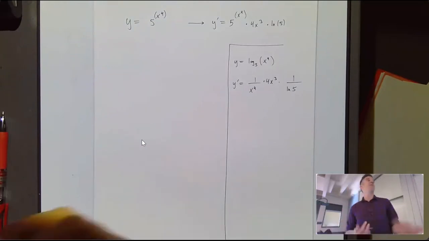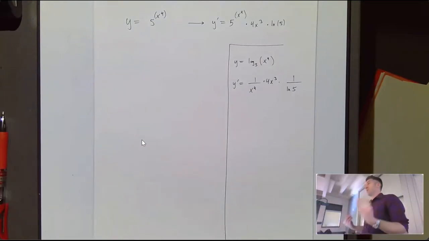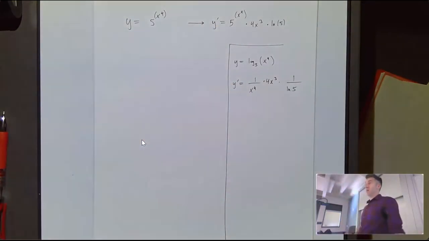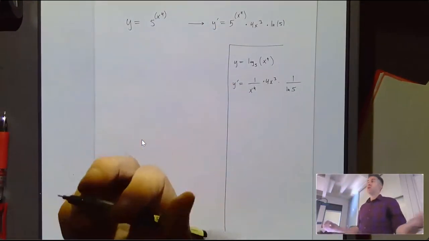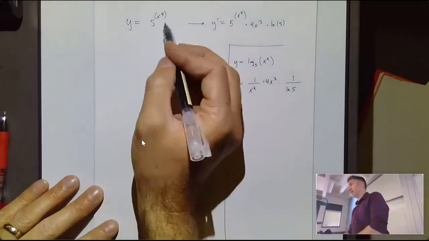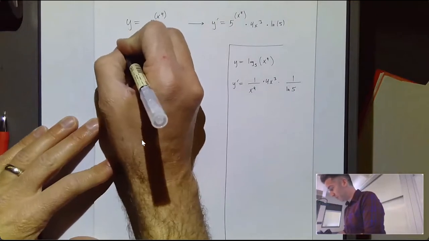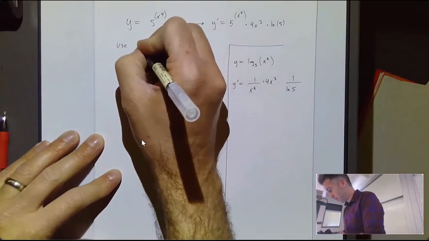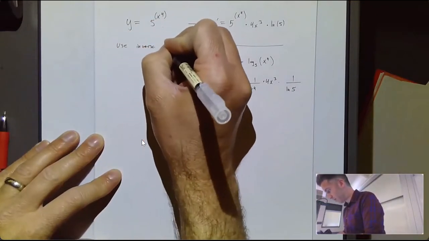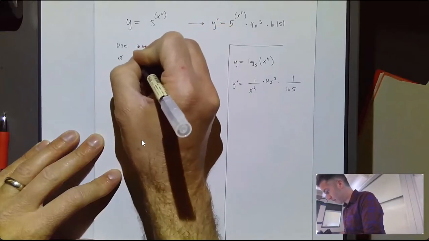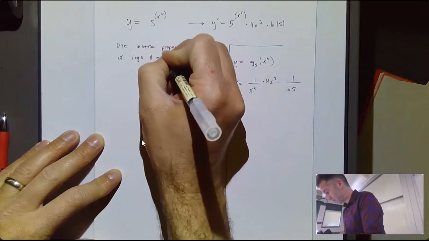But another way you could approach this if you were doing it for the first time is, instead of taking the natural log of both sides like we have been doing, you could rewrite this side here. We could use our inverse properties of logs and exponentials.